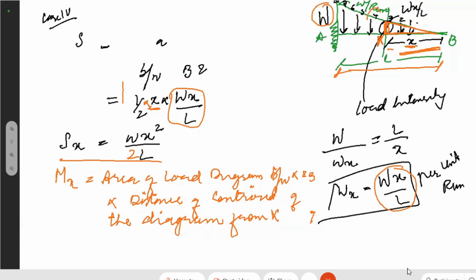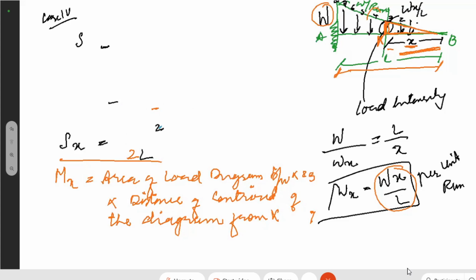Now you can give the different values, that is the end conditions, wherein you can say I want to know the value of moment and the value of shear force at points A and B. Here I'm only concerned about two points, A and B. Now if I have to draw the shear force at B, that means when x is equal to 0, shear force will be equal to, what is the equation for shear force?